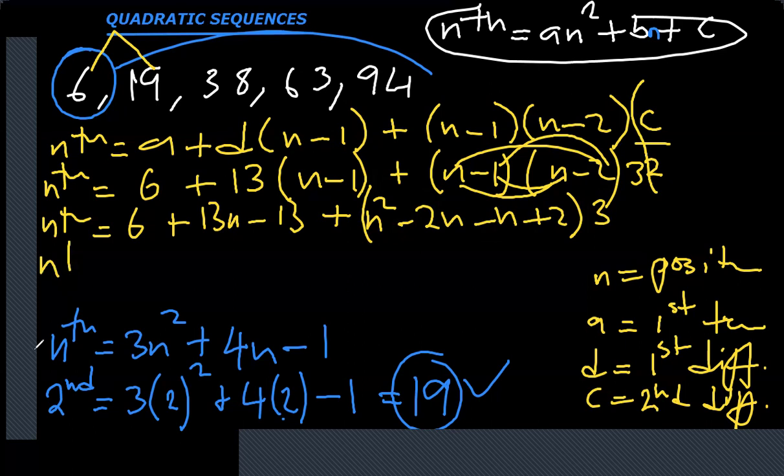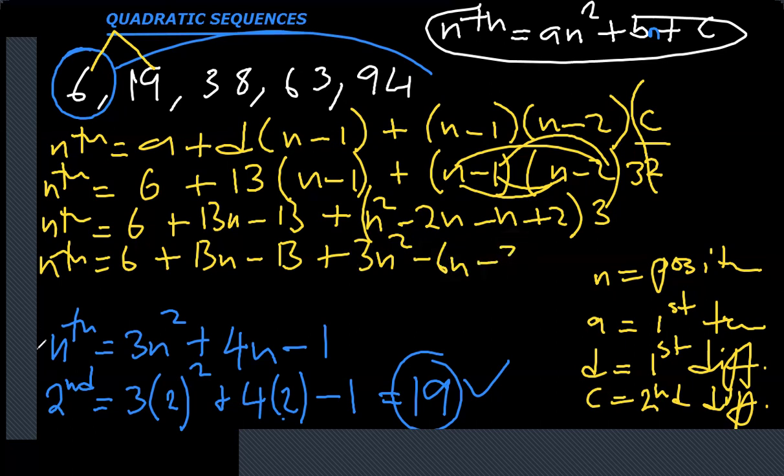So the nth term is equal to 6 plus 13n minus 13. Now expanding that gives us plus 3n squared, then plus 6n, minus 3n plus 6. Let's collect the like terms. Let me begin with the n squared.